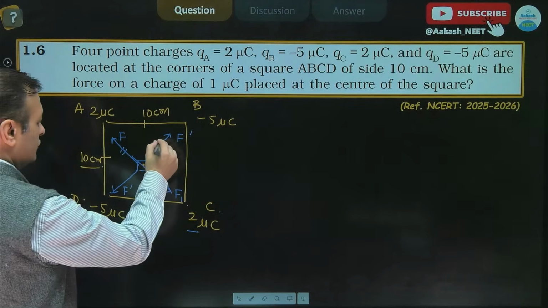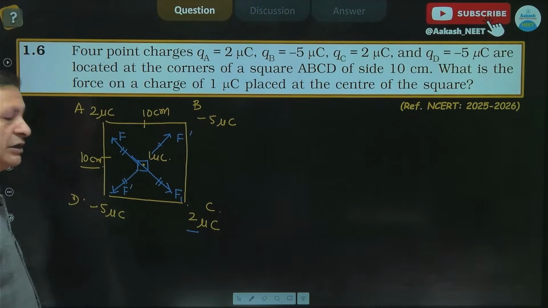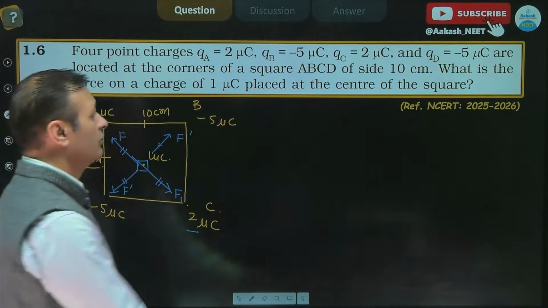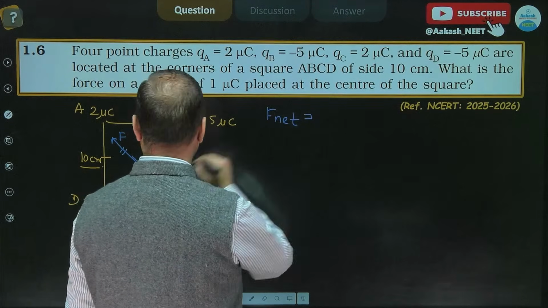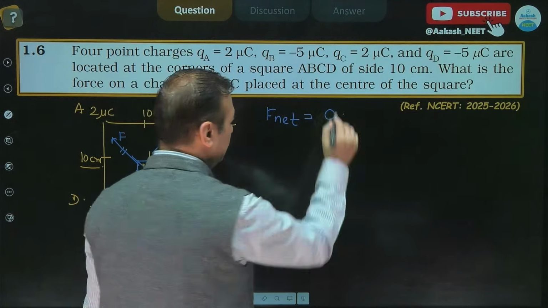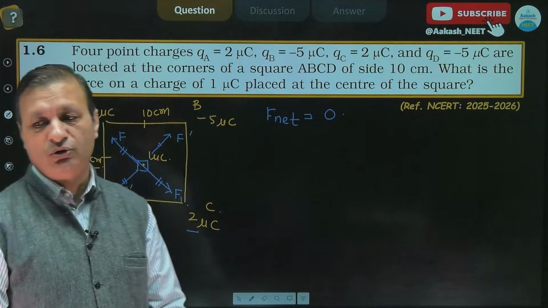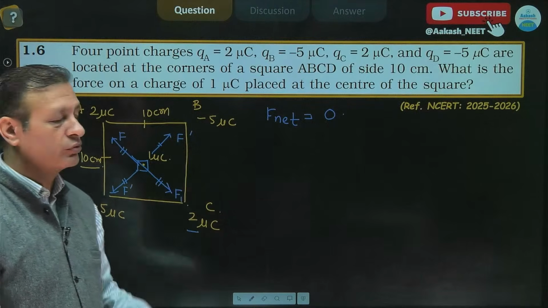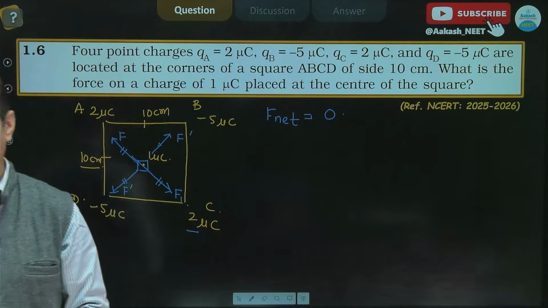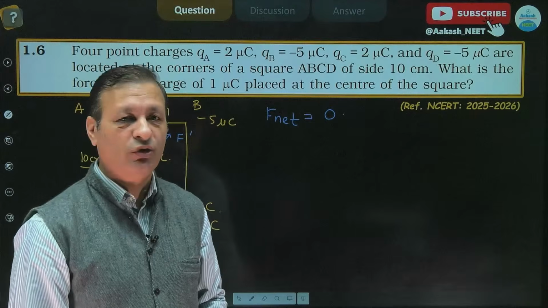So these two forces are also equal and opposite to each other. So the net force experienced by 1 microcoulomb placed at the center of the square would come out to be 0. Any doubt?